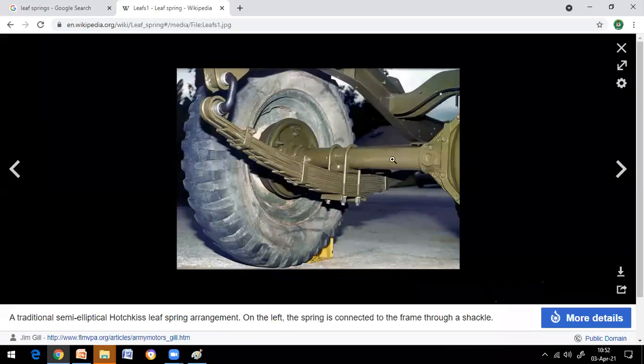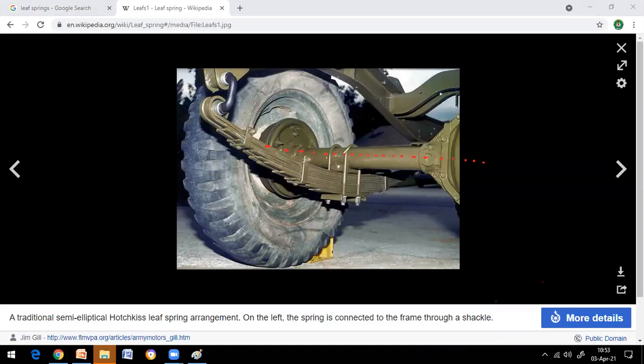Here let me show you how it is subjected to bending, why it is called a bending spring. See guys, this is the axis of the wheel. Below the axis there is a leaf spring.